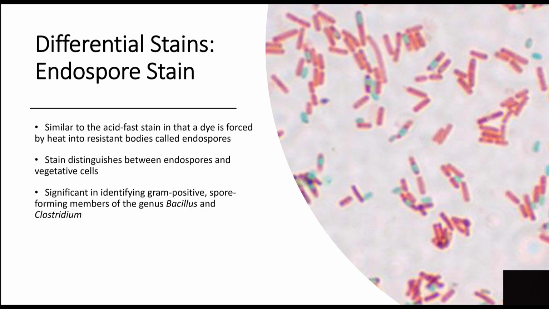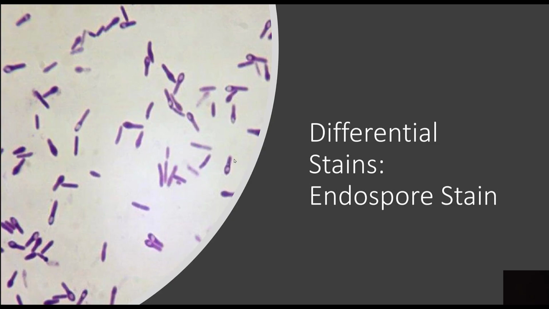Other stains that we can use that are differential are the endospore. You can see that we see various forms that are coloring, and these bigger, larger areas usually represent a spore. The typical picture that I see most frequently is that you'll see the clearing zone at one end very clearly, a spore. This is the Clostridia type of bacteria, and spore formers are highly resistant, and that's why they're problematic.